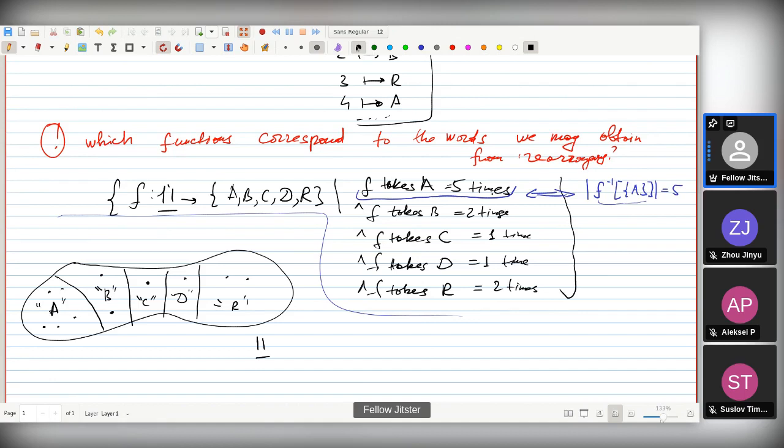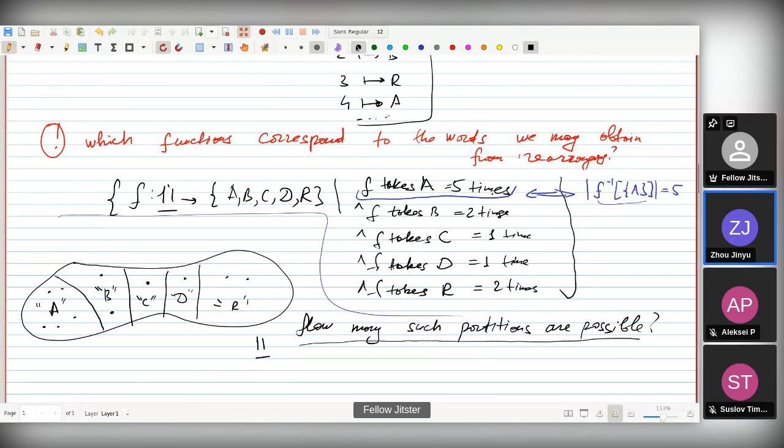It is labeled. The labels are these letters. Labeled partitioning of our set of 11 elements. Is this idea clear?